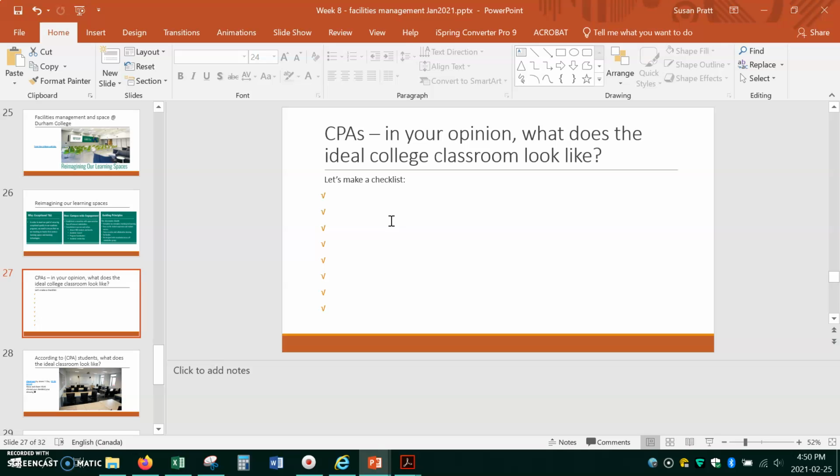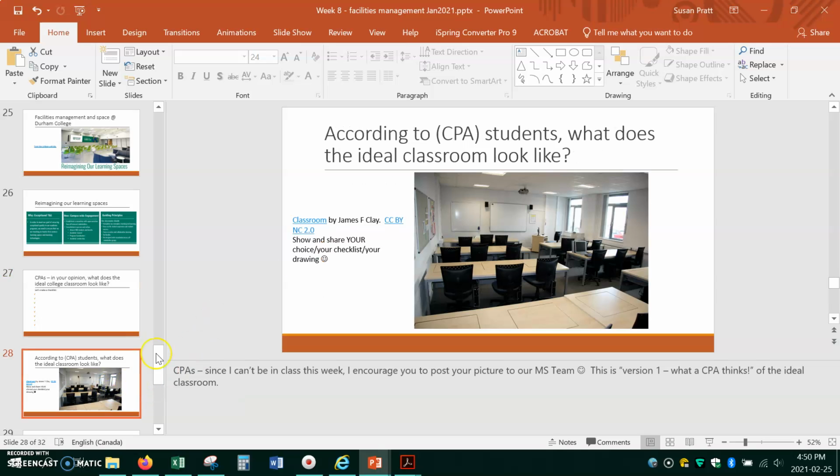I encourage you to do that. If you were designing it, what would the space look like? And then I invite you to share your picture or your checklist in MS Teams. So we can see what the ideal classroom looks like.